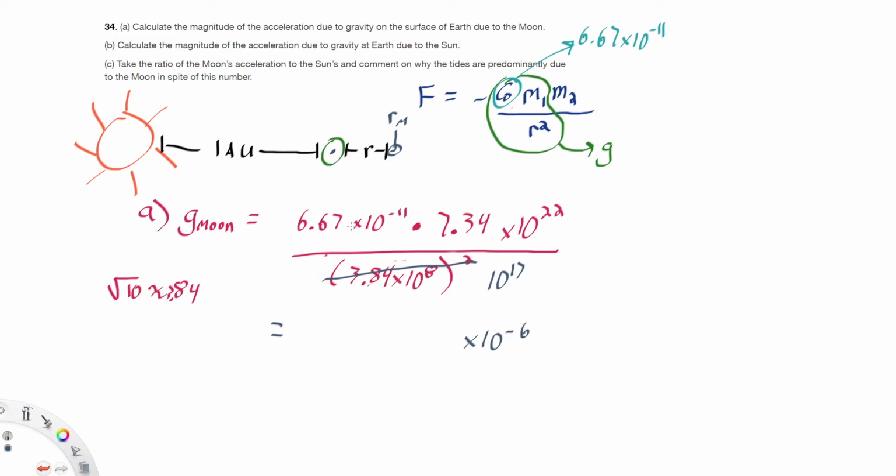Then we can do this multiplication: 6.67 is approximately 7, and 7.34 is also approximately 7. Multiplied together, we get 49, which is approximately 50. Better put a heavy approximate sign there.